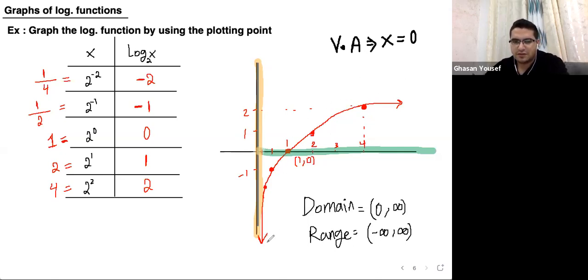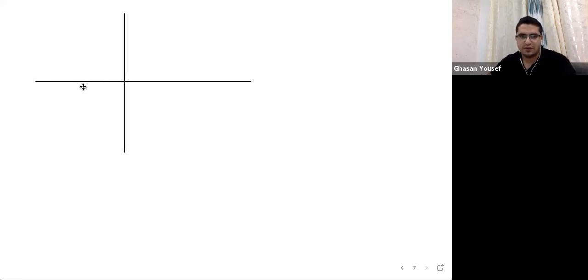Any logarithm function will have a graph that looks like this. So let me remind you of the relation between the graph of the exponential function and the logarithm function. The graph of the exponential function looks like this. Here is the relationship between the two graphs.